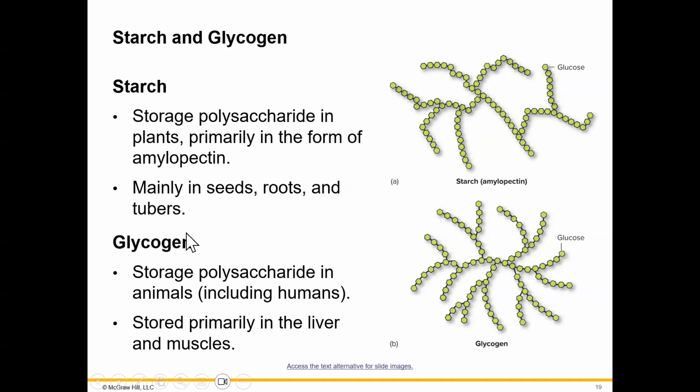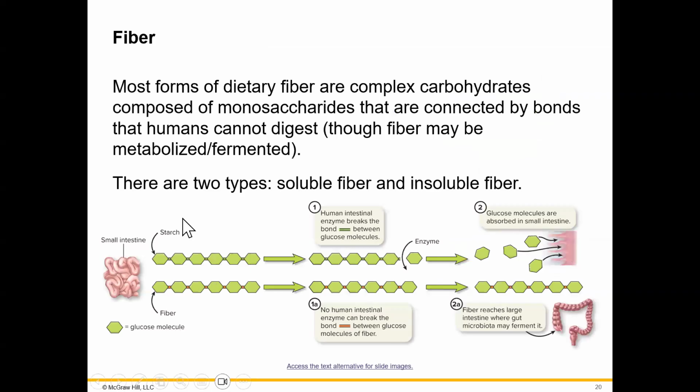But this is why, when I said earlier how your body can create its own glucose, it does that here by breaking down glycogen. Then we have the next type of carbohydrate known as fiber. Fiber is a type of complex carbohydrate, and humans do not have all the enzymes needed to break down these very complex structures.